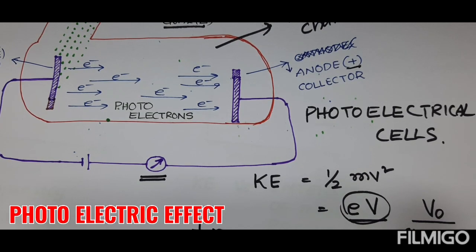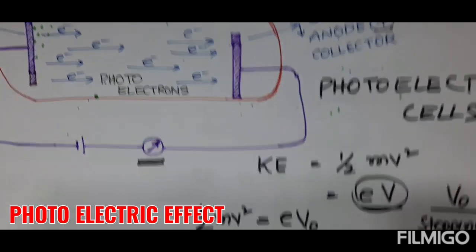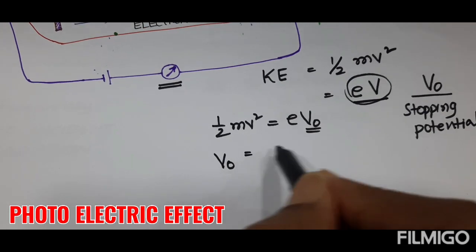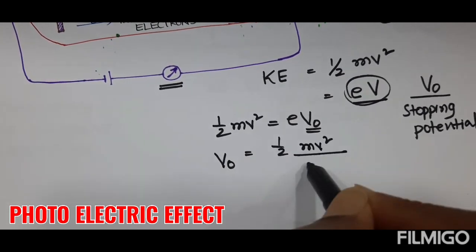Therefore, for half mv square to be 0, you have to apply EV0. V0 is called the stopping potential, E is the charge carried by the particles. How can you calculate the stopping potential? V0 is equal to half mv square by the charge of the electron.